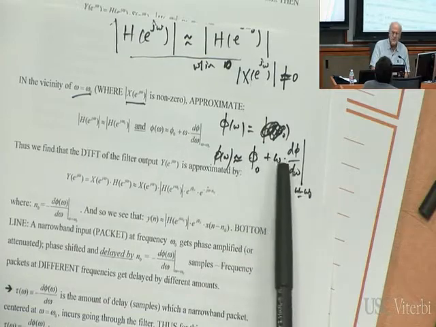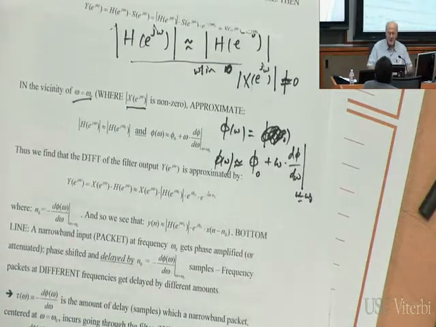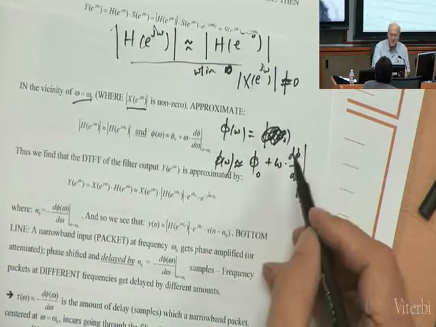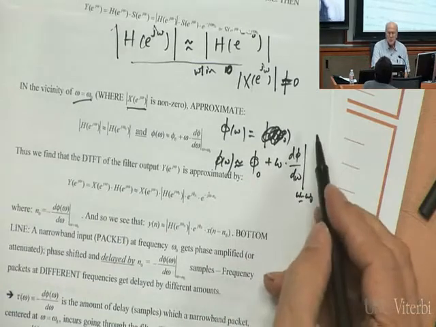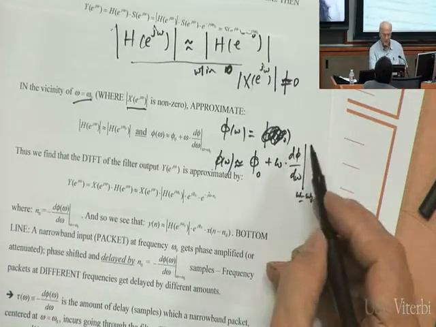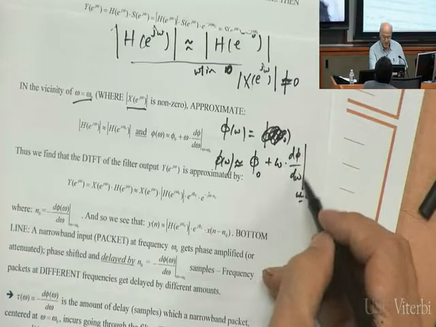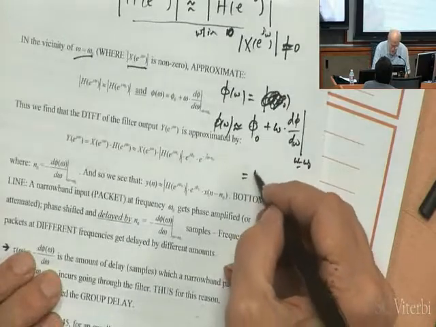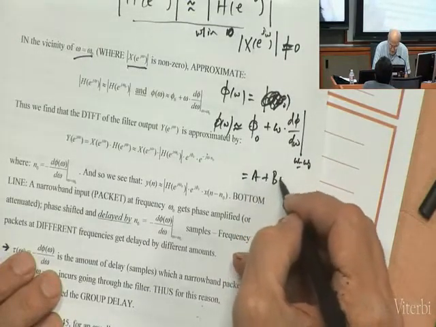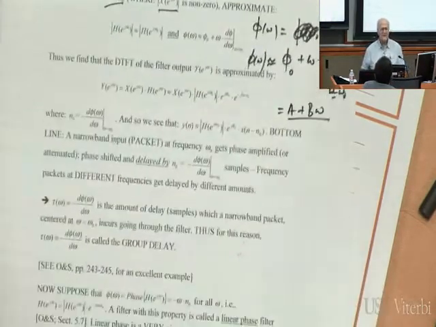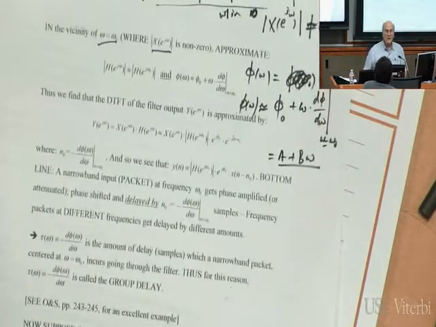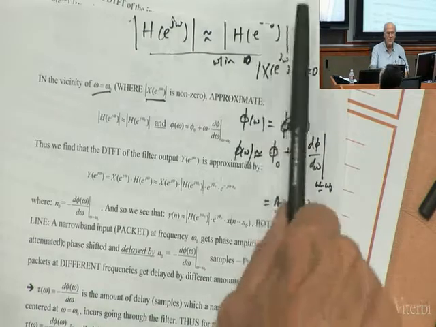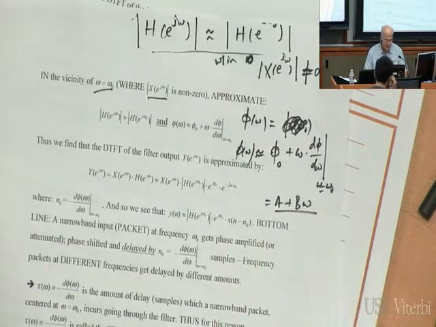So over this very narrow region, phi can be approximated by a constant plus a linear term, omega times d phi d omega at omega equal omega naught. So this can be approximated by A plus B times omega. And that's a pretty good approximation, a better one than for the magnitude, which I'm just setting equal to a constant.